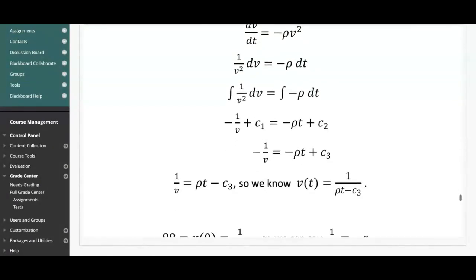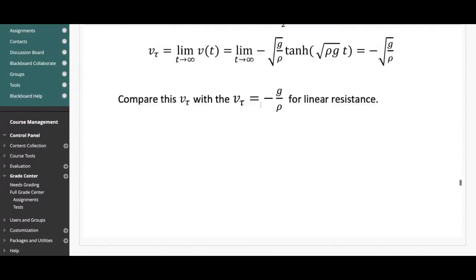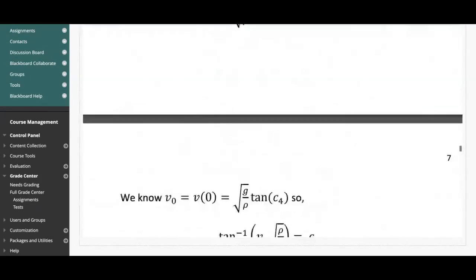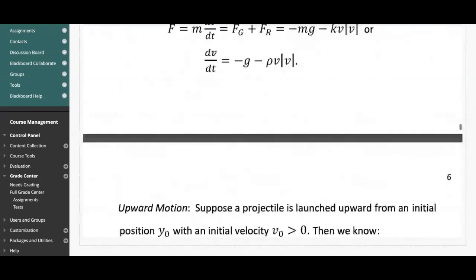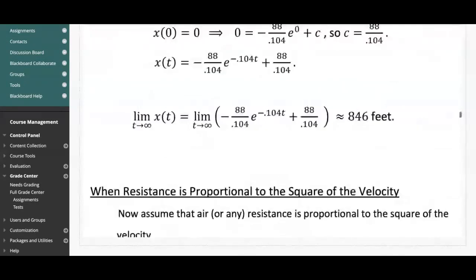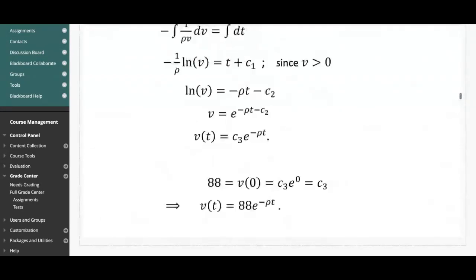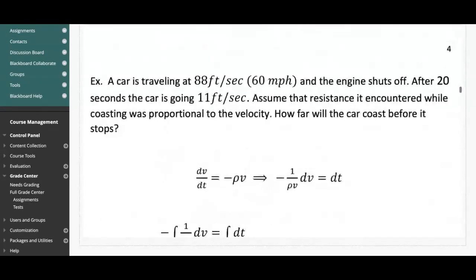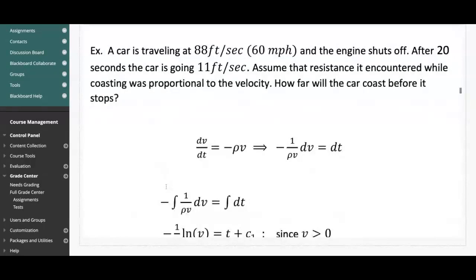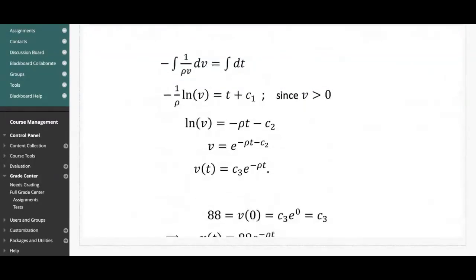Wait, I have a question as well. Can you go up for a second, like to the first example? Yes, right here.